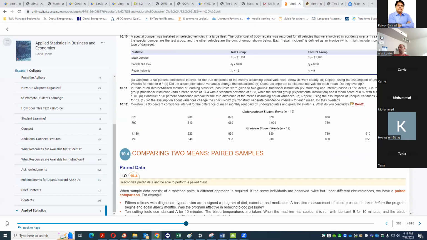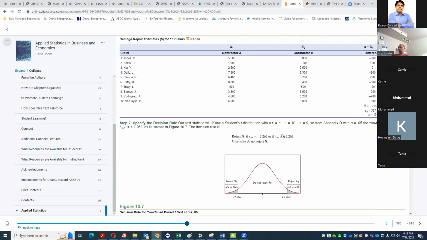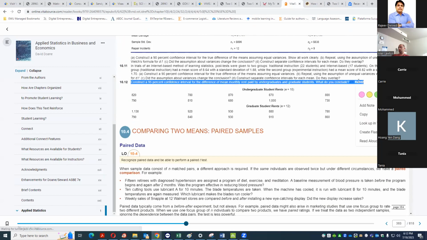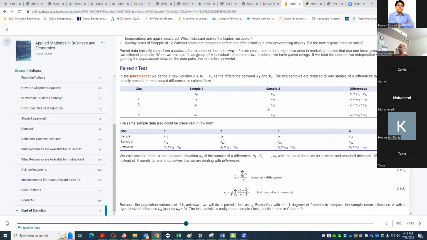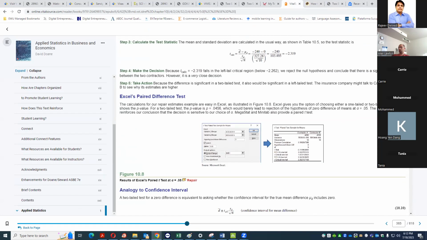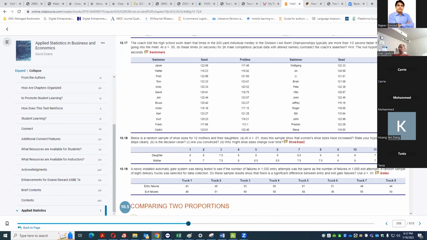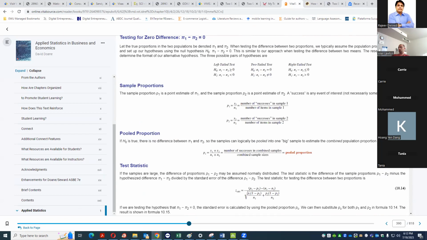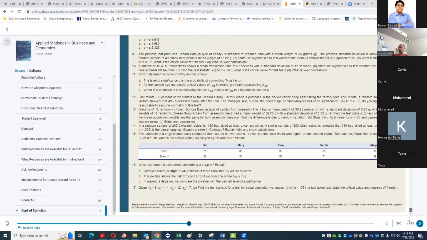We can't download any data here, so I will try to download all the data and put it in a zip folder, and you will have access to all these data sets to do the analysis. We can't do it here because this is just the textbook.